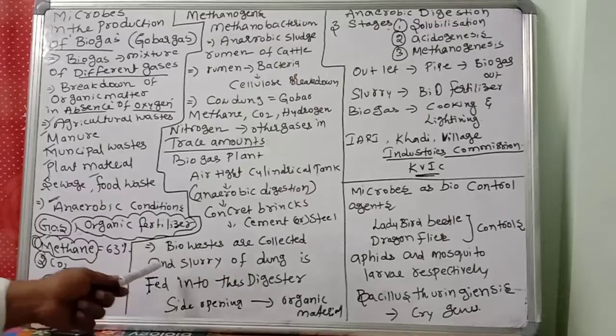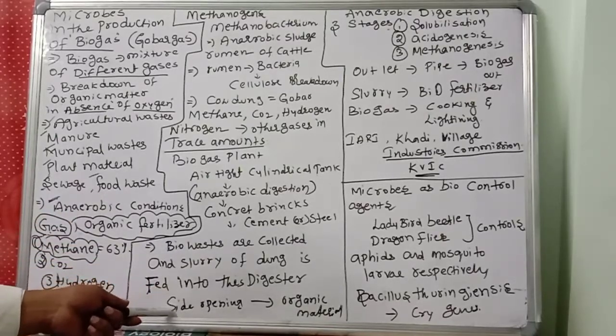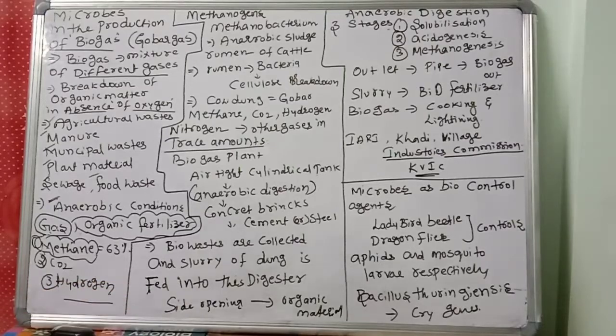The bio wastes are collected and a slurry of dung is fed into this digester. One side opening is there to supply the organic matter. It has a side opening into which organic materials for digestion are incorporated for microbial activity.